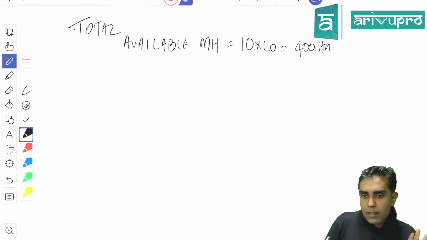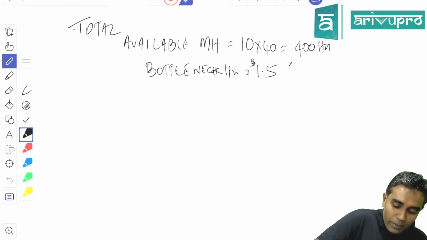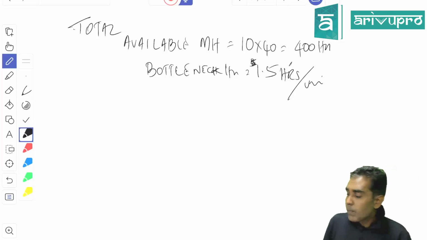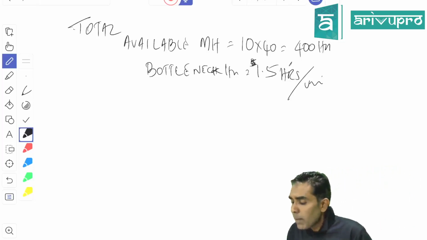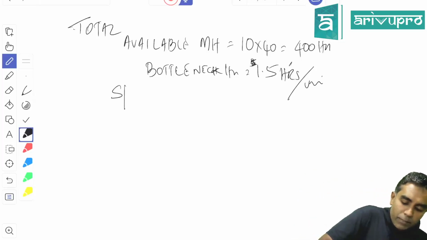Is that clear? Then they have given the bottleneck hours for each unit: 1.5 hours per unit. The product is sold at $85. Selling price is how much? $85.